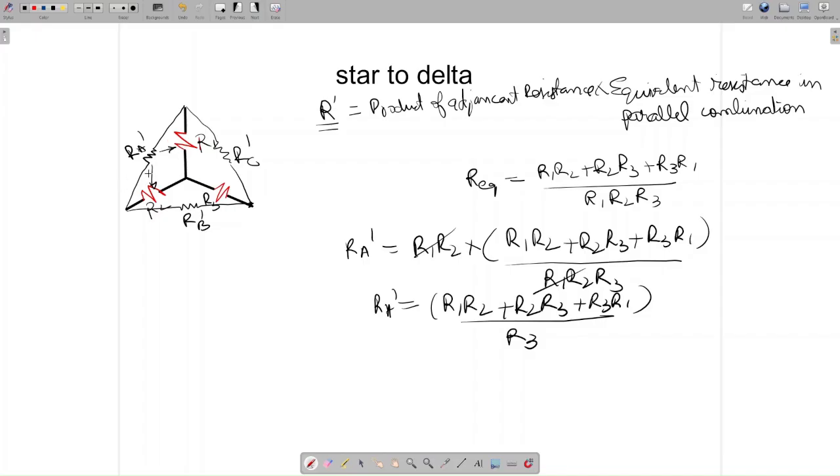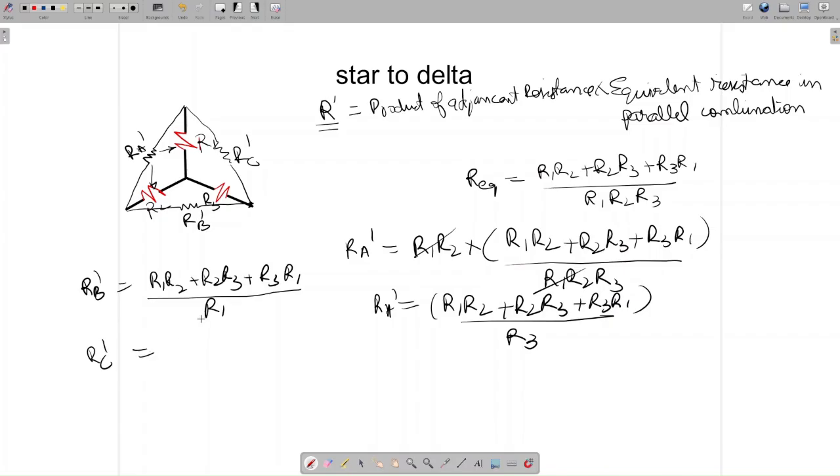So similarly, RB dash will be equal to, we have seen the pattern, R1 R2 plus R2 R3 plus R3 R1 divided by the opposite resistance, which is this one, R1.